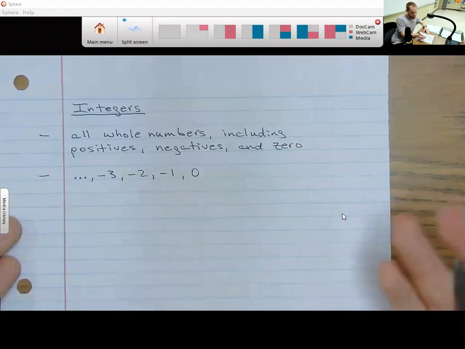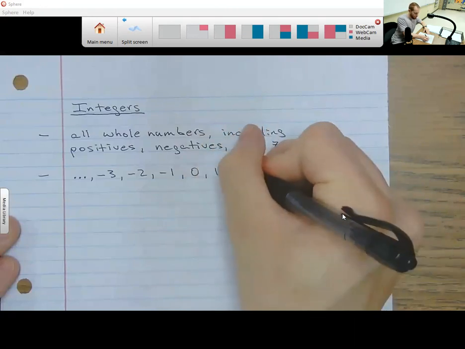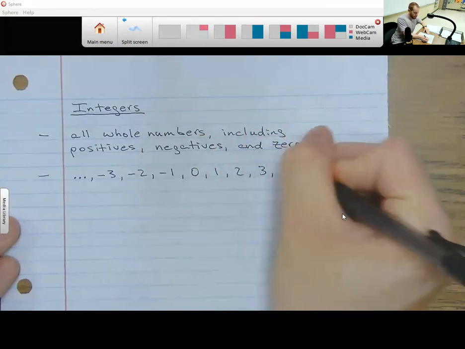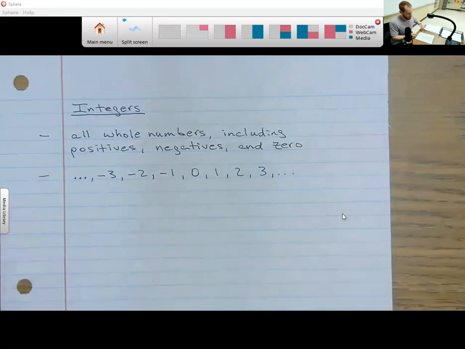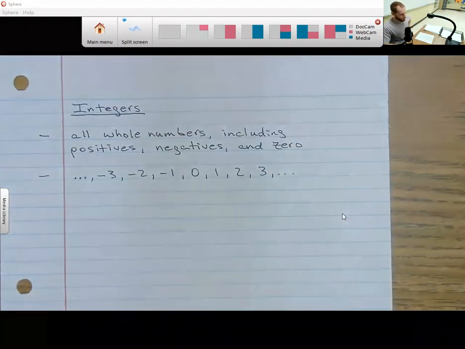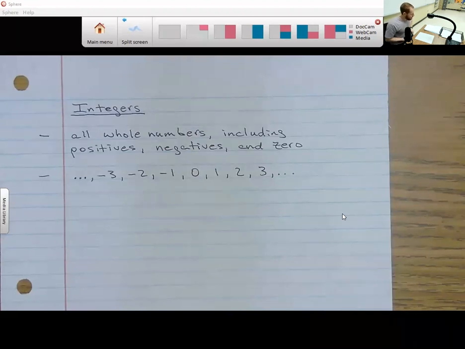It's just 0. And then we get to the positive side. So 1, 2, 3, comma, ... And the dots just refer to all the positive whole numbers on the right side and all the negative whole numbers on the left side. So this is basically all the whole numbers. No fractions yet. We're only dealing with the whole numbers.